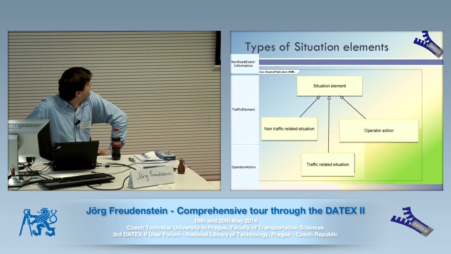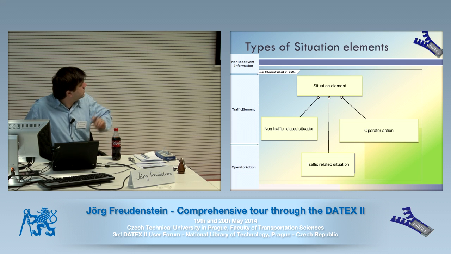These are the possibilities for this non-road event information. For a traffic element, you can talk about conditions, abnormal traffic, equipment or system faults, accidents, of course, obstructions or activities. And these can be even more precise here on the right side.